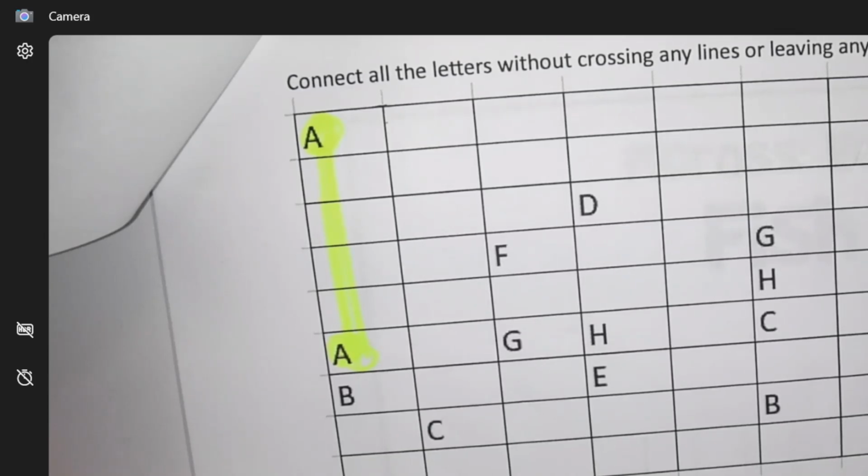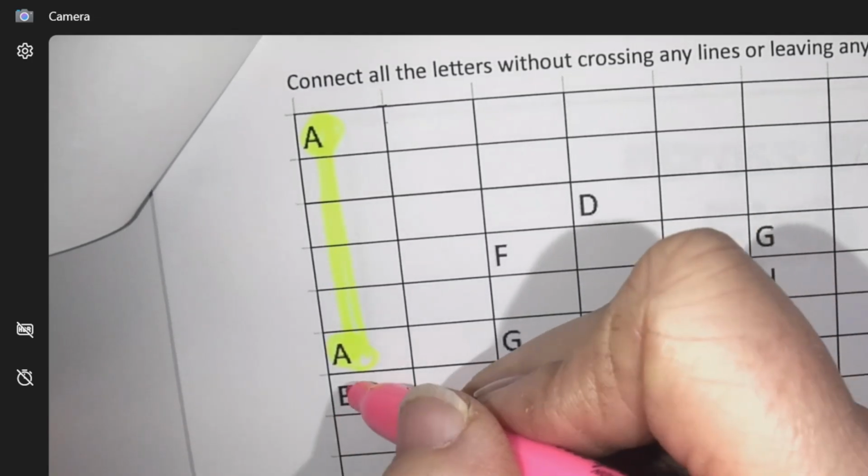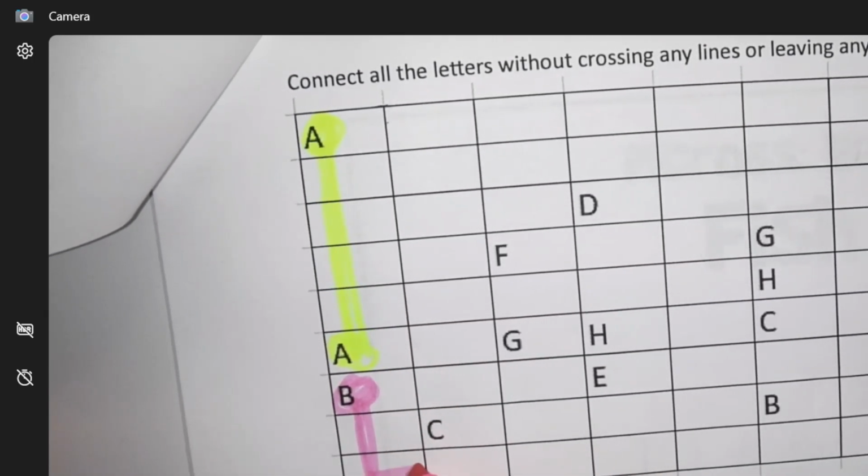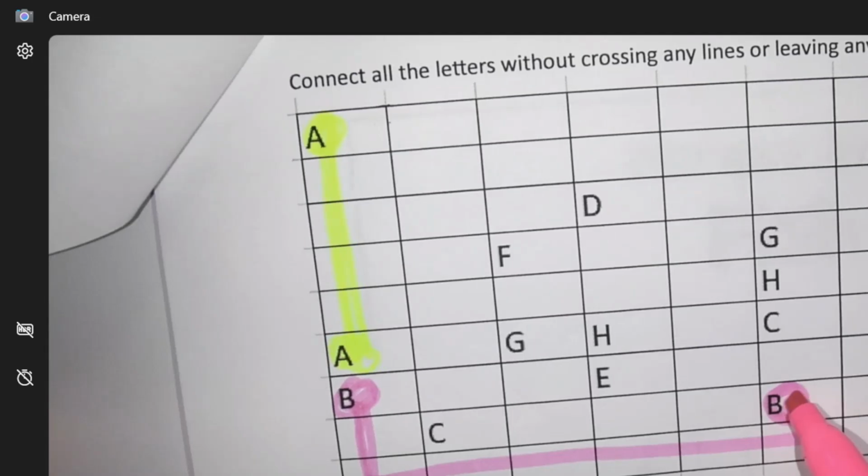What do you want to do next? Anybody see something? I just went in order of letters. Sounds logical to me. Did you go down with the B then? Down all the way to the right. Are you done this puzzle already? Yes. Down and then to the right.